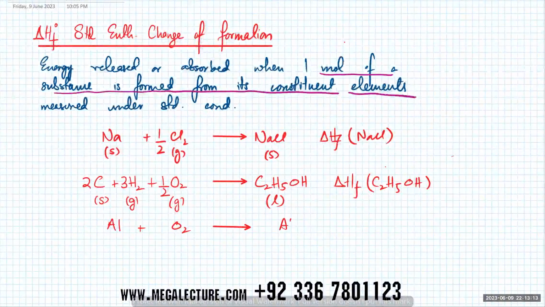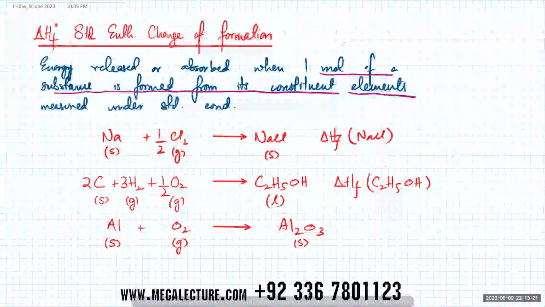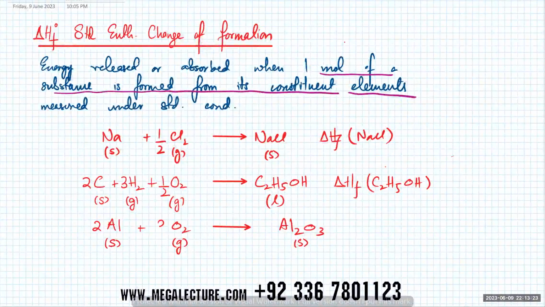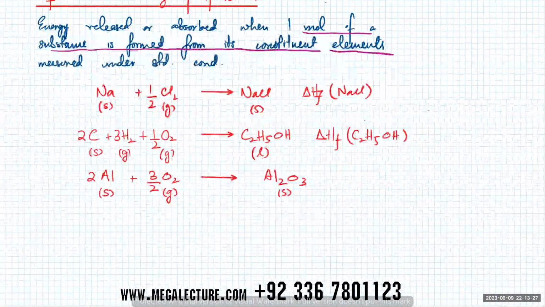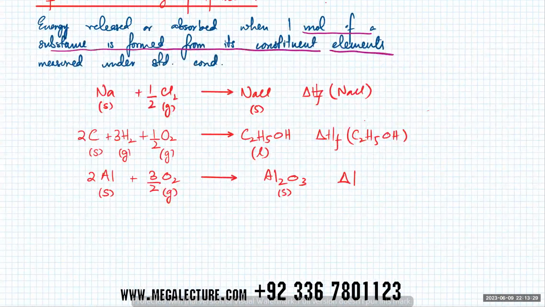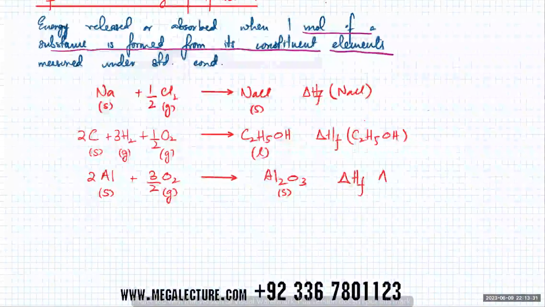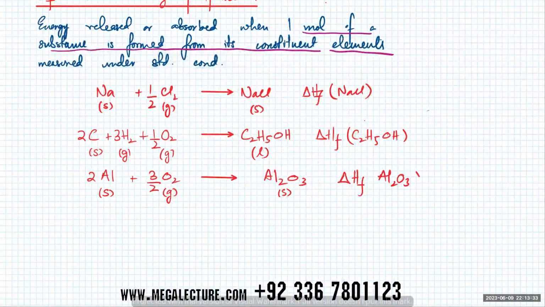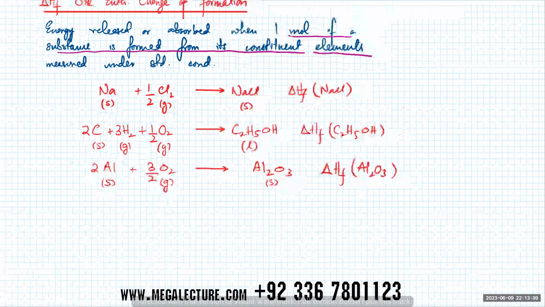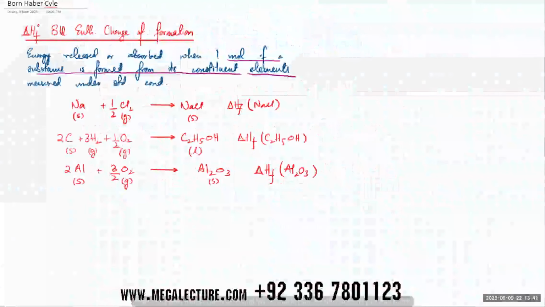Al is a solid, O2 is a gas, and Al2O3 is a solid, and there's going to be 2Al and 3/2 O2. So that's the enthalpy of formation of Al2O3.